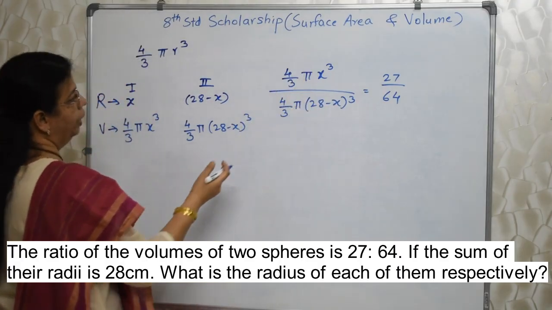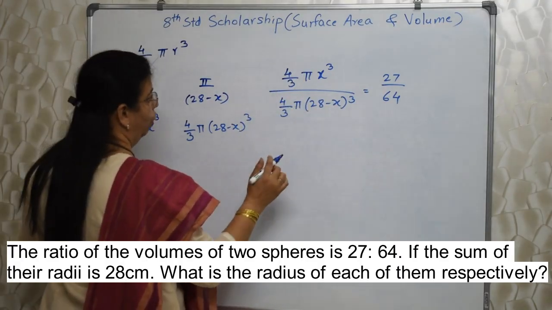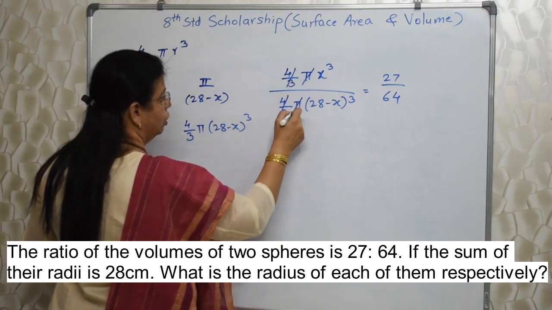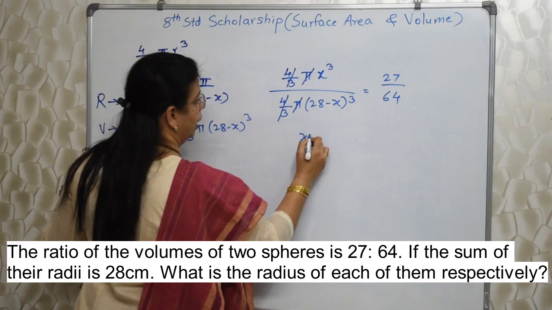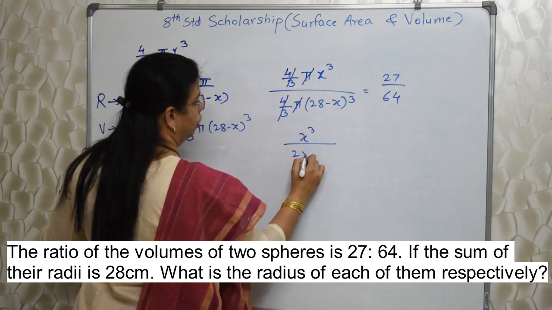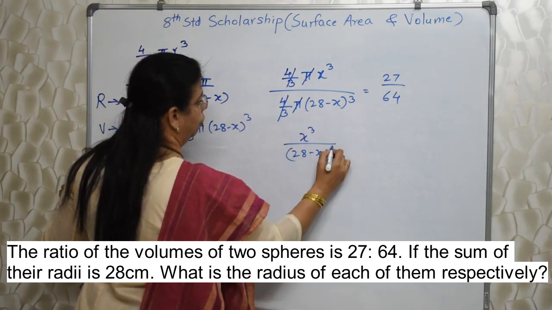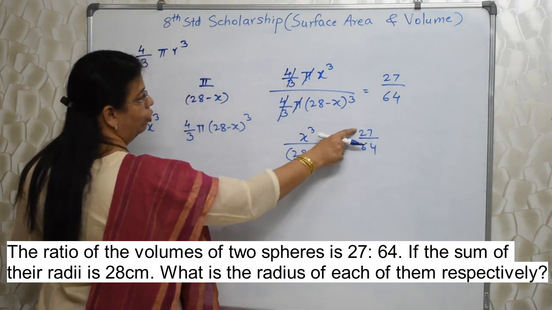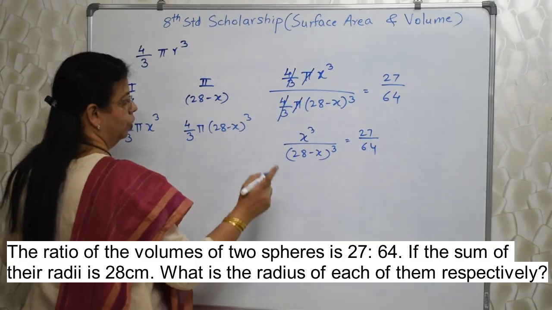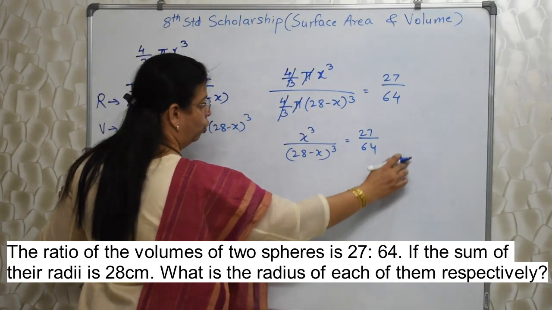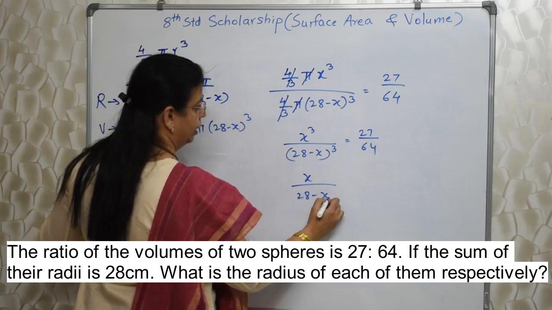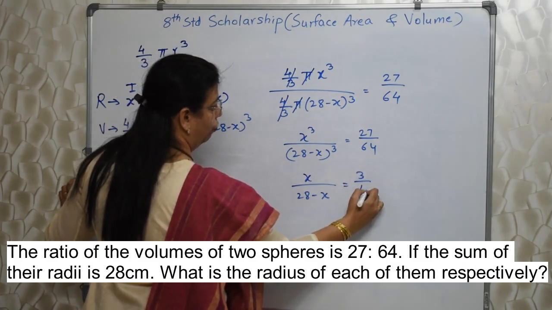Now so complicated, isn't it? Not at all. 4 upon 3 will go with each other. This also will go. What will remain is x cube upon (28 minus x) cube is equal to 27/64. These are also cubes of some number. So very easy, cube root of everything, that is x upon 28 minus x, that will be 3 upon 4.